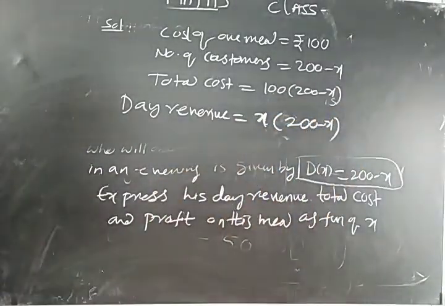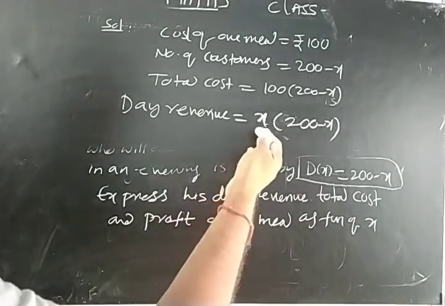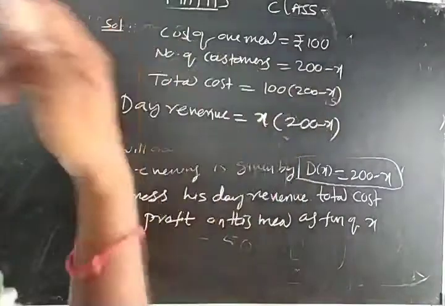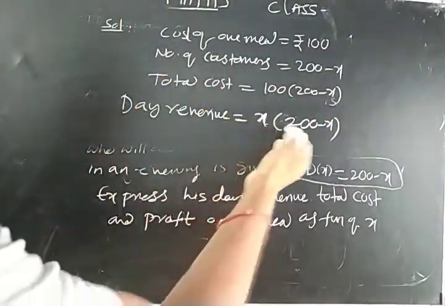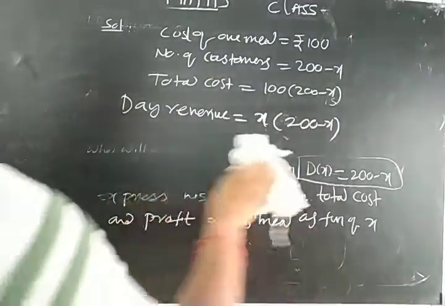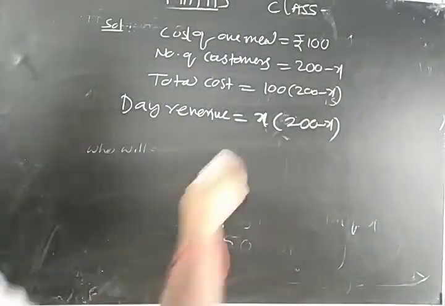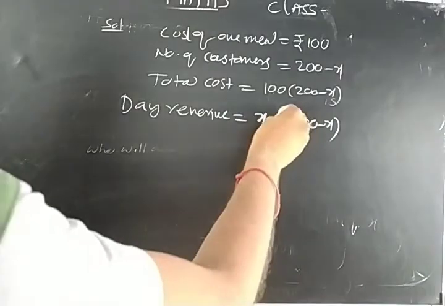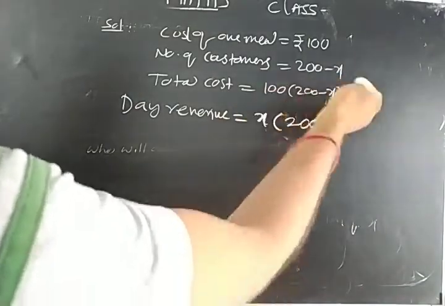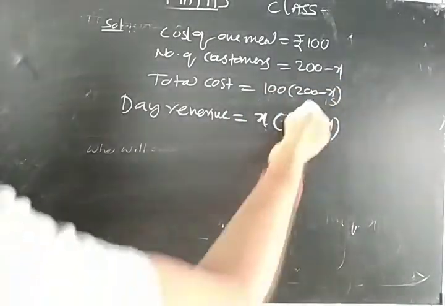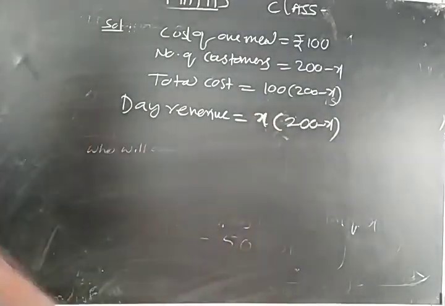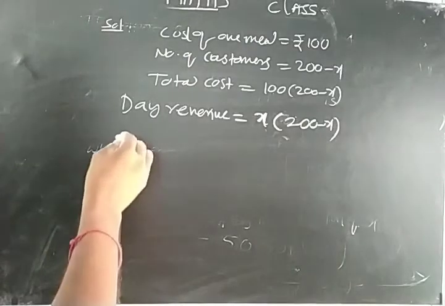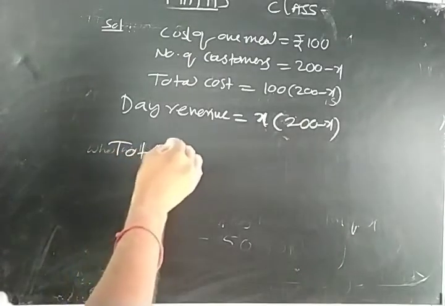So according to the menu, the day revenue will be x into 200 minus x. This is the cost he spent on preparing the meals for 200 minus x customers, and this is the revenue he got on that day. Now total profit. How can we get total profit?